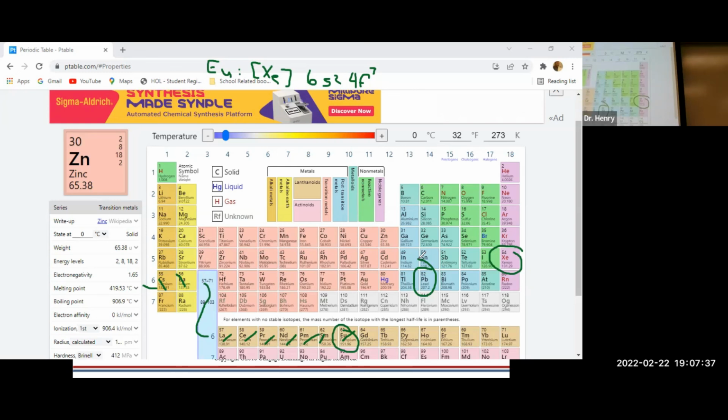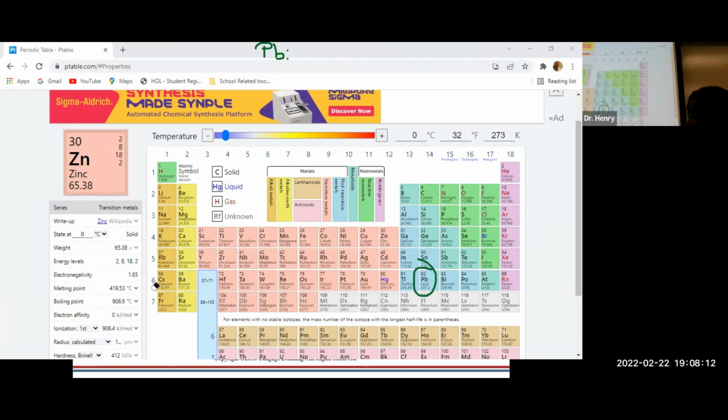Okay, we're doing lead. We're going to do it with the core and then the electrons that we can play with. Everybody wants electrons.